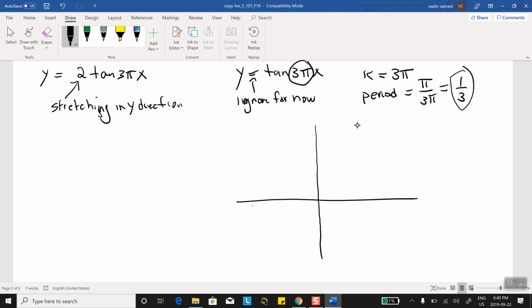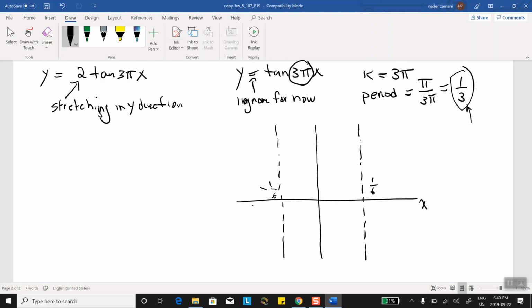So 1/6 is going to be right here, for example, and minus 1/6 is going to be right there. The only reason I did it like that is that tangent in the book is done from minus pi over 2 to pi over 2, which means the period is pi. Here the period is 1/3, half of it this way, half of it that way.